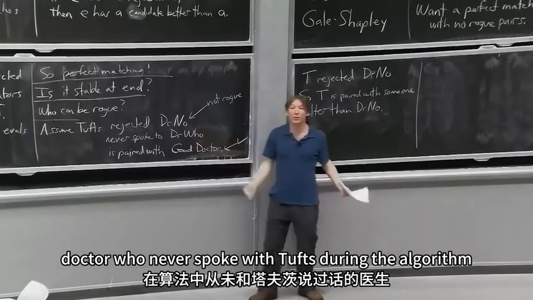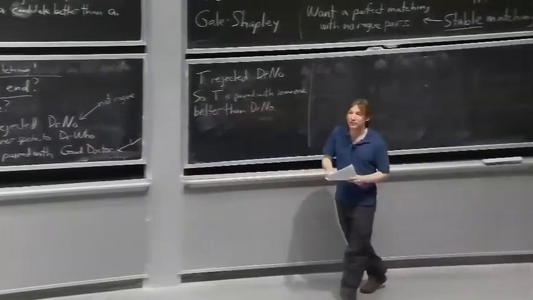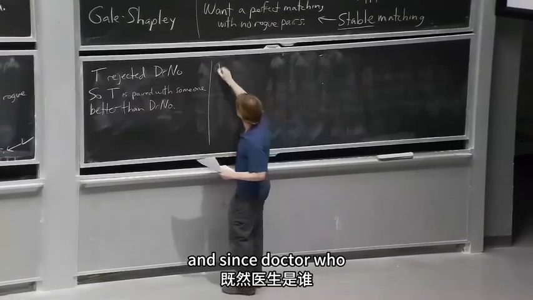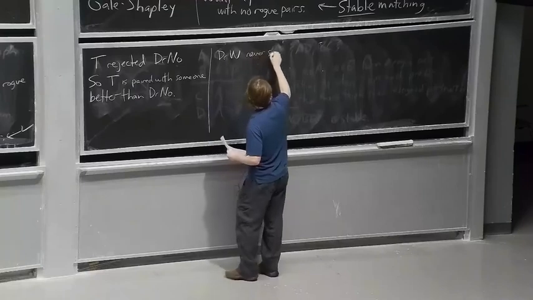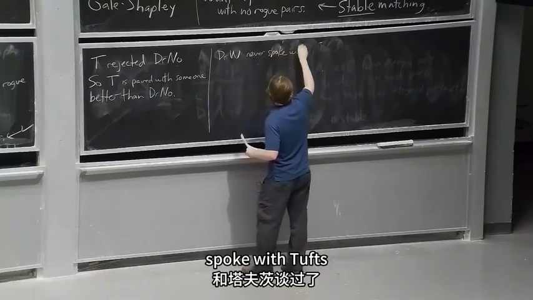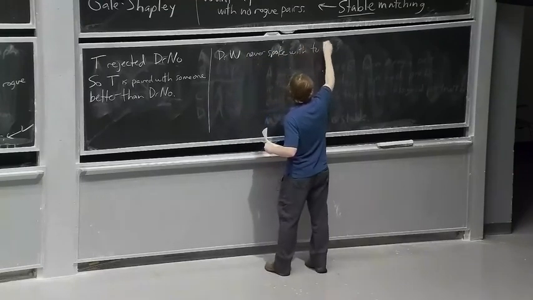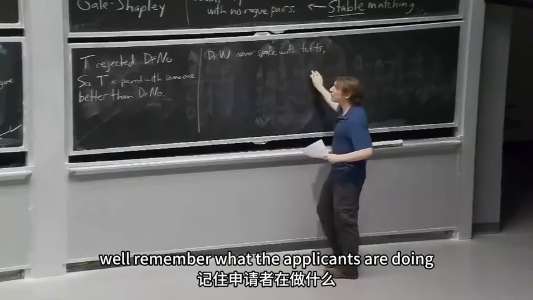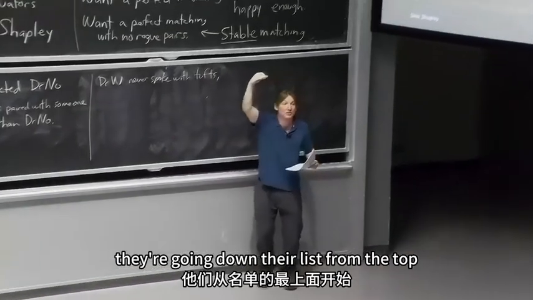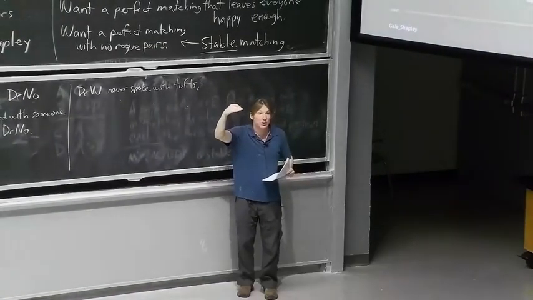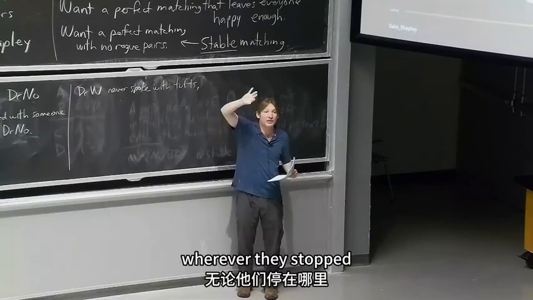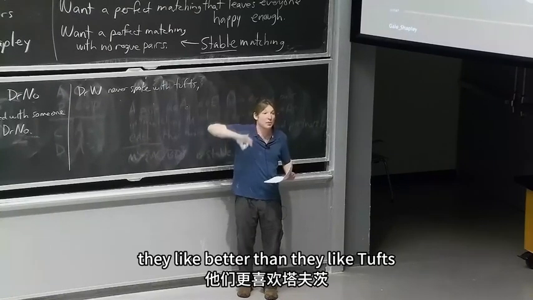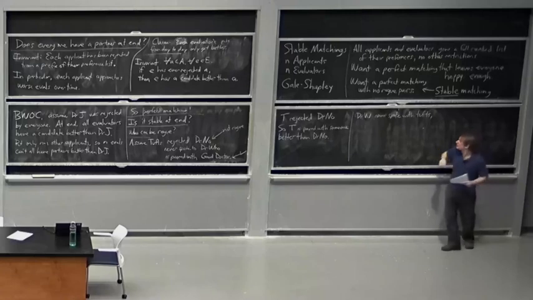Dr. Who never spoke with Tufts during the algorithm. And since Dr. Who never spoke with Tufts, well, remember what the applicants are doing. They're going down their list from the top. And since they stopped before they got to Tufts, wherever they stopped, they like better than they like Tufts.